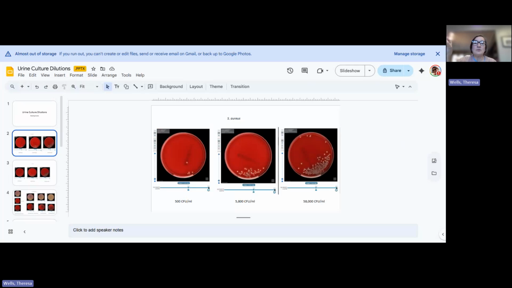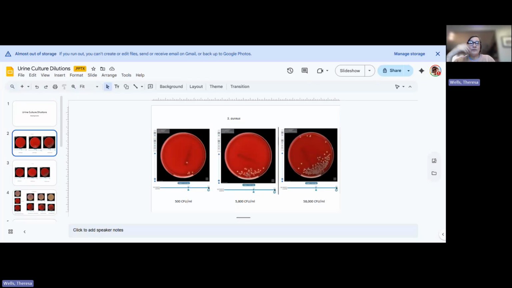In this case, these were all set up with 10 microliter loops. That means each colony on the plate represents 100 colony forming units per mL. If you were to use a 1 microliter loop, each colony would equal 1,000 colony forming units per mL. That's quite a bit of difference, so you really have to know the inoculation volume before you can quantitate.